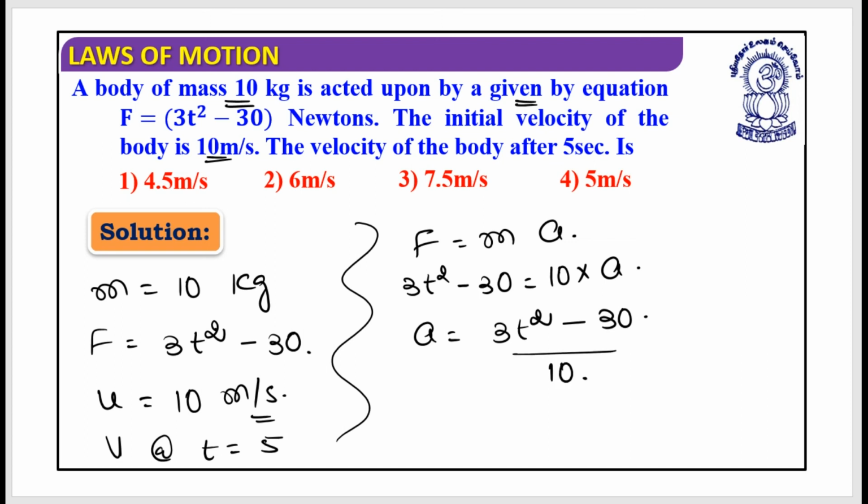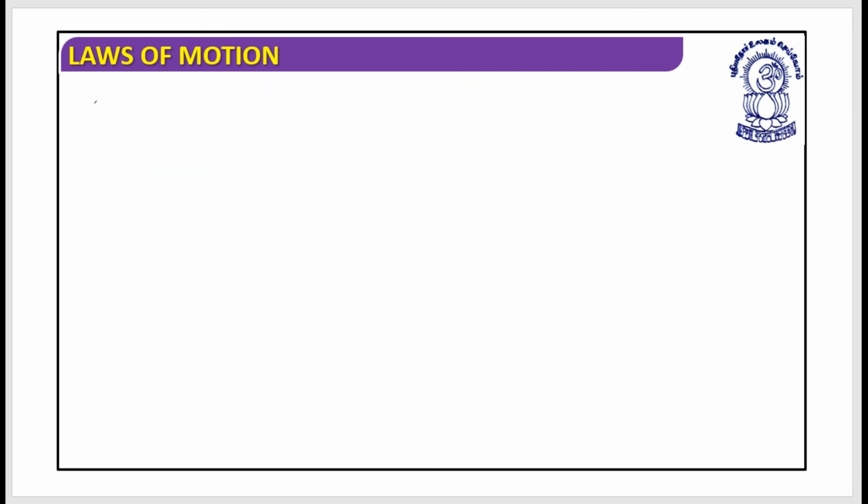I hope this is clear. Now a is equal to dv by dt, so dv by dt equals 3t square minus 30 divided by 10. Is it clear?